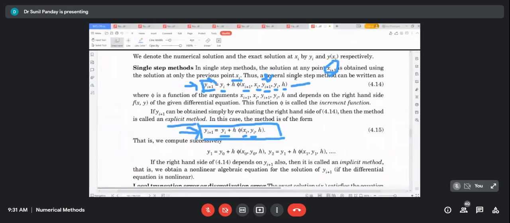So this is called implicit method because it involves the evaluation of yi plus 1 to calculate the value of yi plus 1. But here they are not requiring the evaluation of yi plus 1 when we are calculating yi plus 1. So this is known as explicit method and this is known as implicit method, and both are single step methods.